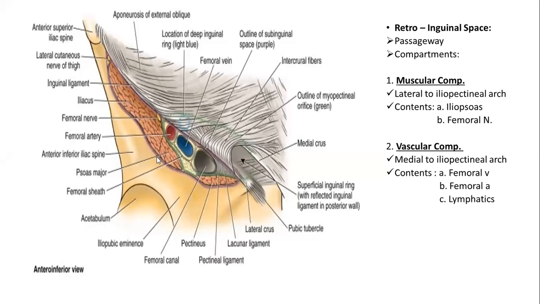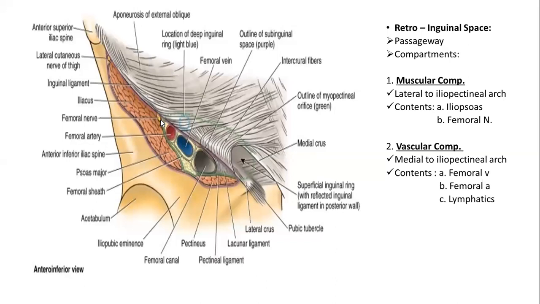So this iliopectineal arch divides the space behind the inguinal ligament. Here is the inguinal ligament running from anterior superior iliac spine till pubic tubercle.